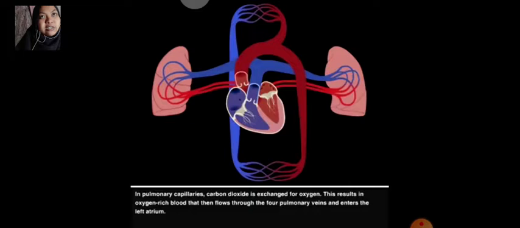This oxygenated blood is then passed through the right and left pulmonary veins to the left atrium, and then enters the left ventricle through the mitral or bicuspid valve. Blood from the left ventricle then enters the aorta to flow throughout the body, and the circulation begins again.